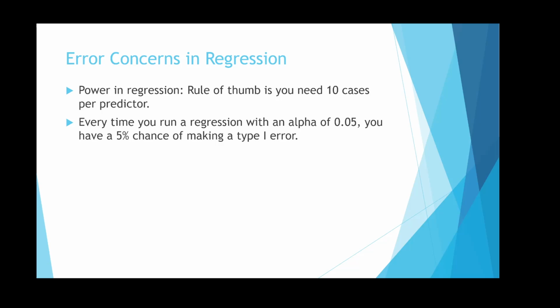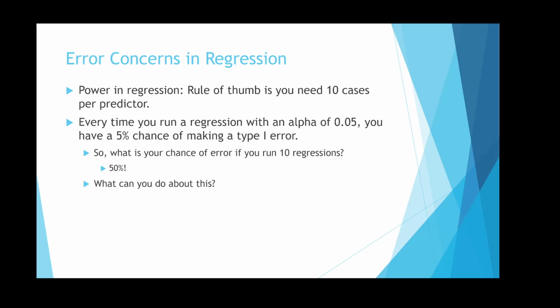So if alpha is 0.05, you have a 5% chance of incorrectly concluding that there's a significant relationship. So what is your chance of error if you run 10 regressions? If you have 5% per regression and you do 10 regressions, you have a 50% chance of error. That's not good. Half of your findings are probably incorrect.